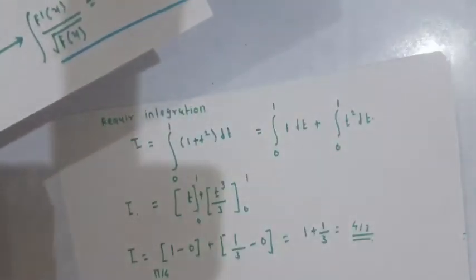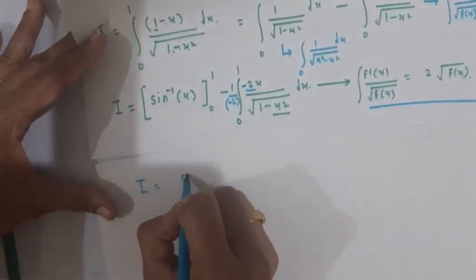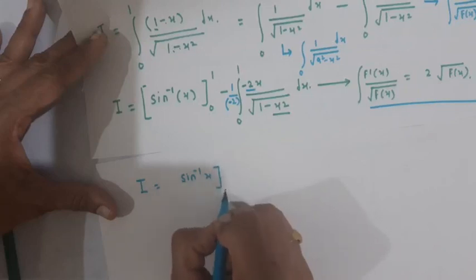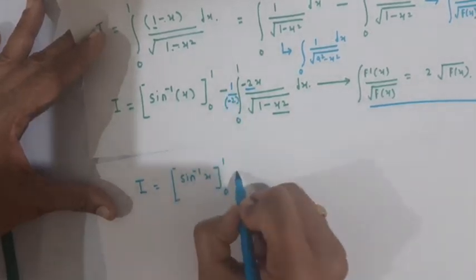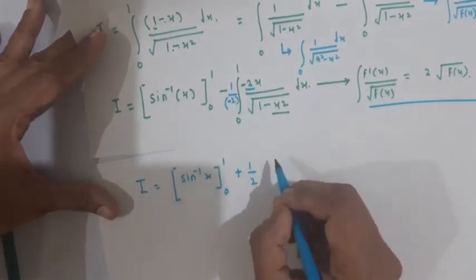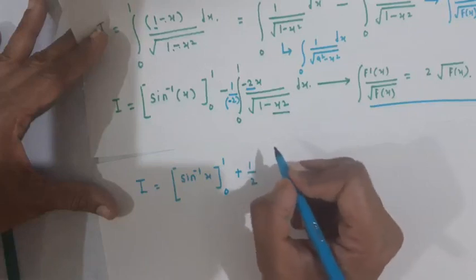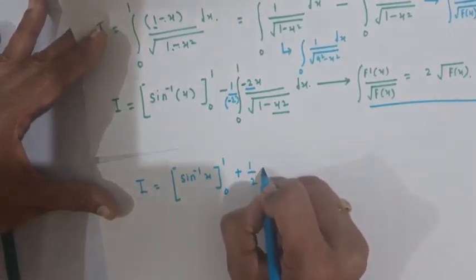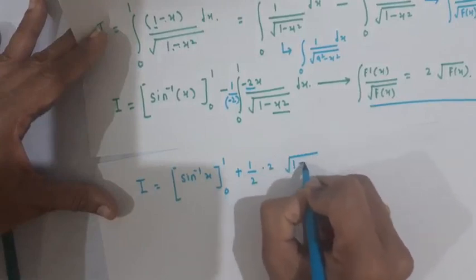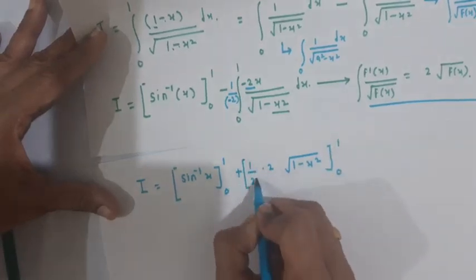Its integration will be, now this is equal to: integration I equals the first term, sine inverse of x, limits 0 to 1, plus 1/2 times f'(x)/√f(x), and its integration is 2√f(x), that is 2√(1 − x²), limits 0 to 1. This 2 gets cancelled.